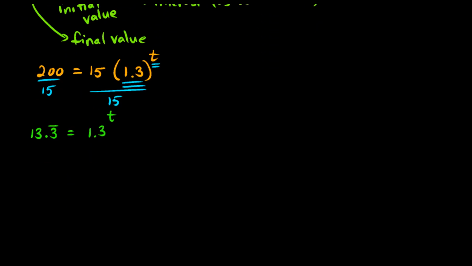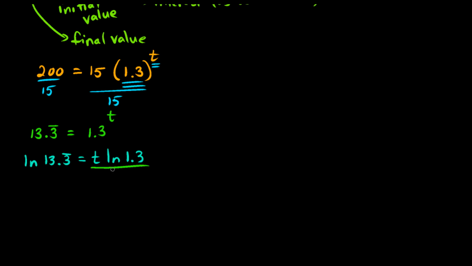Alright, at this point, now that you've gotten the base to the power isolated, you want to introduce logarithms and use the power rule. So ln 13.3 repeating equals t ln 1.3. So we're putting ln in front of the 1.3, and we're taking the t and using the power rule. So it's t times ln 1.3.